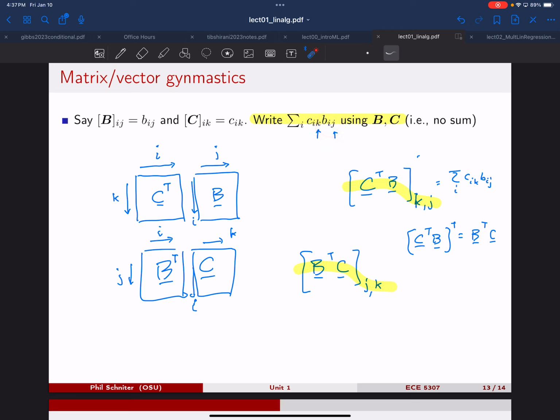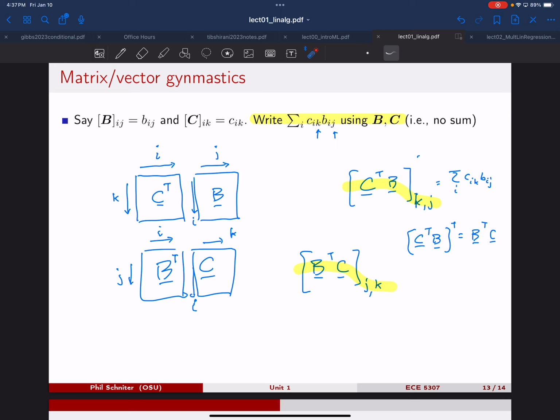But what we needed to do is transpose it. After we transposed it, then we looked at the kth row of C transpose and the jth column of B. So whatever letter is last in the scalar is what we want in our answer with no sum.